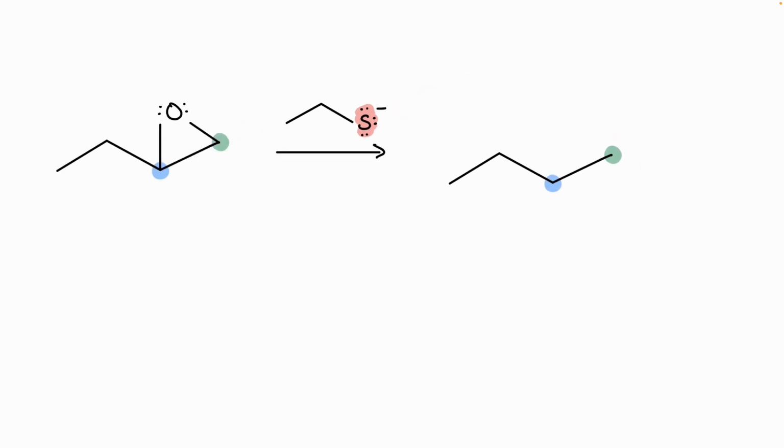Now I have to have my new carbon nucleophile bond. And what else am I missing? That epoxide oxygen is still there, but importantly, which one am I going to draw that hydroxyl group on? Blue or green? Blue. It's going to be on the other side because of that ring opening reaction.